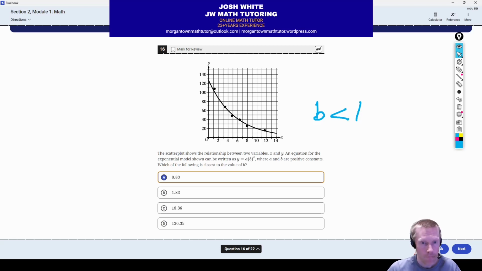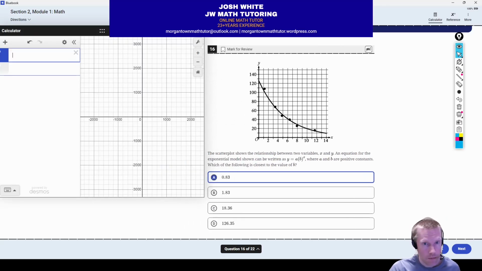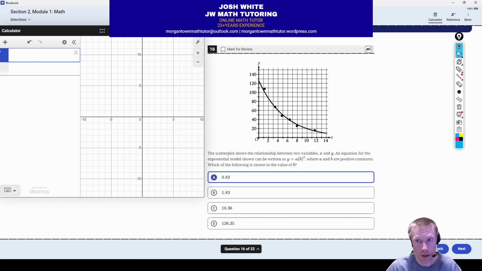Now, an alternate way to do this is to go into Desmos and do a regression, and it'll give us an answer that is going to be closest to A. Everything else is not going to make any sense. So what I mean by that is I'm going to pick some points from this graph. Let's see here. Right here, it looks like I have one at 550.